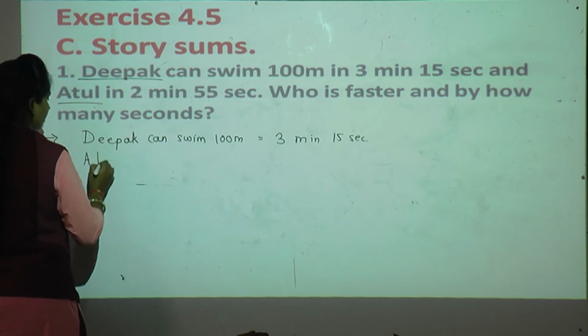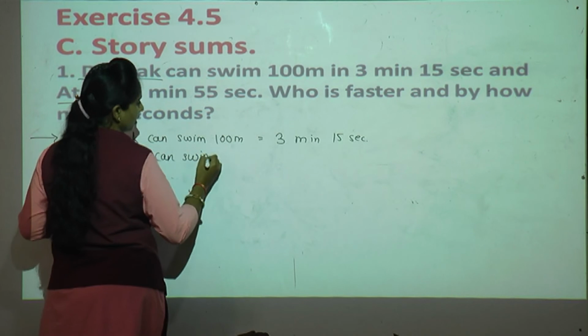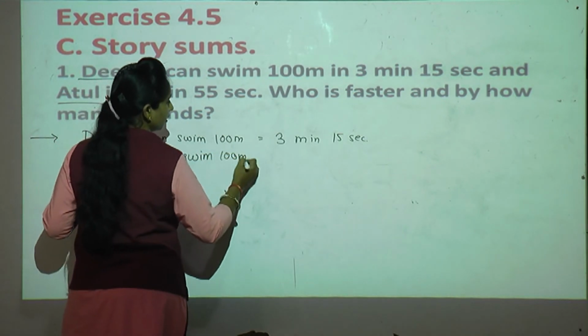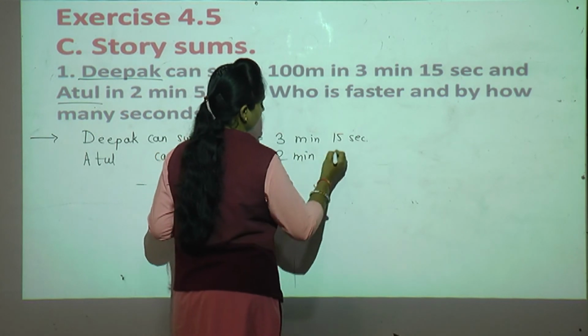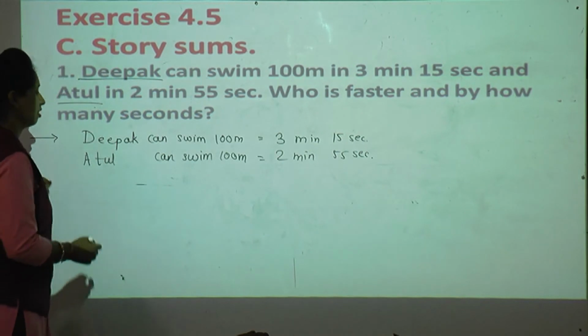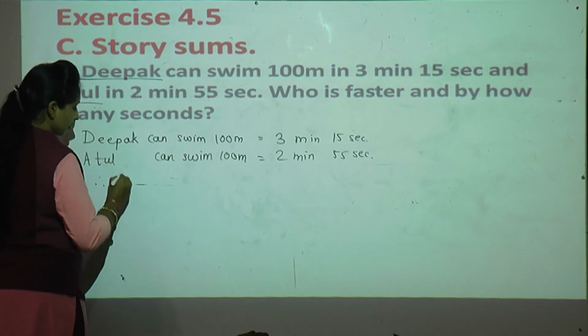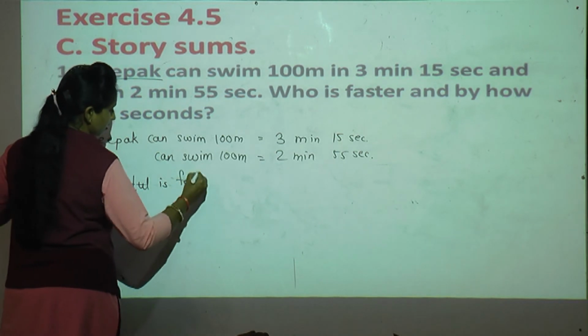And Atul can swim 100 meter in only 2 minutes and 55 seconds. Then who is faster? Yes, Atul is faster.